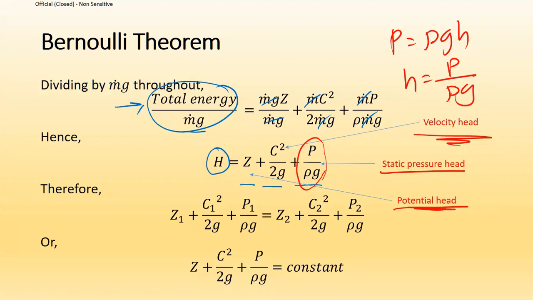The potential head is due to the height of that cross-sectional area itself with respect to the datum. So how high it is will determine how much potential it has. Velocity head depends on the fluid velocity, and the static pressure head is the static pressure. And this will give us something called the total head.